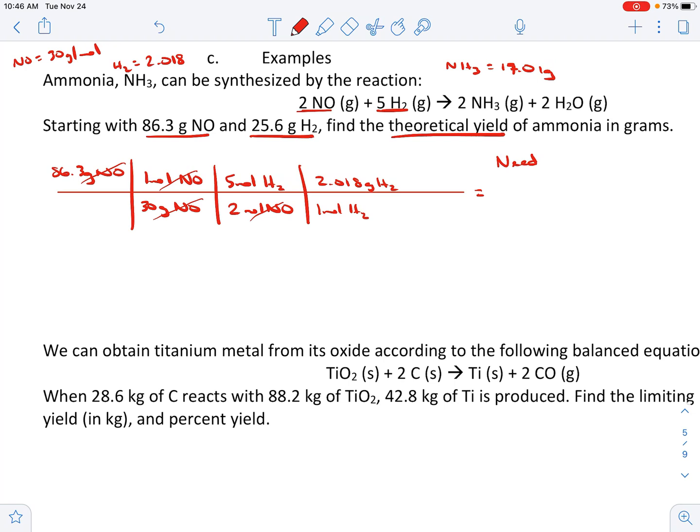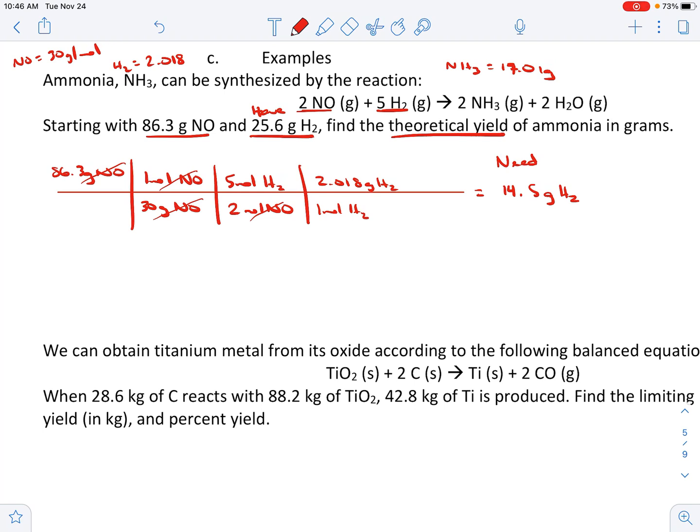So we got 86.3 times 5 times 2.018, and we're going to divide that by 2 and divide by 30. So if I react all of my NO, I need 14.5 grams of H2. I have 25.6 grams of H2.